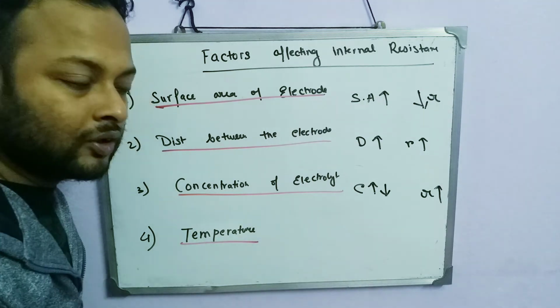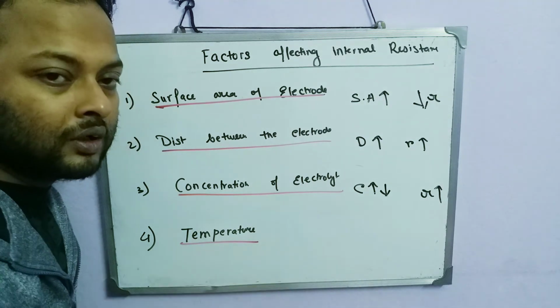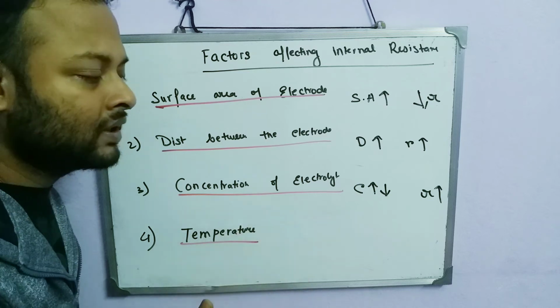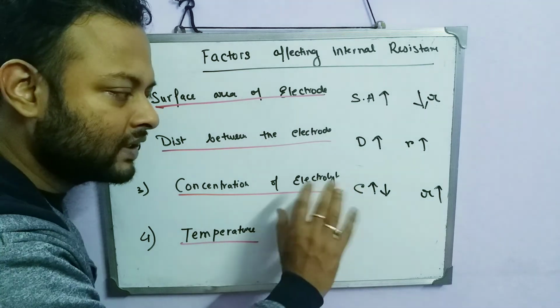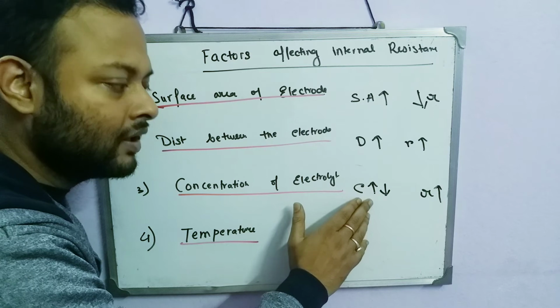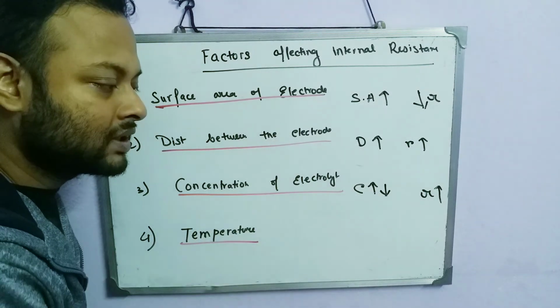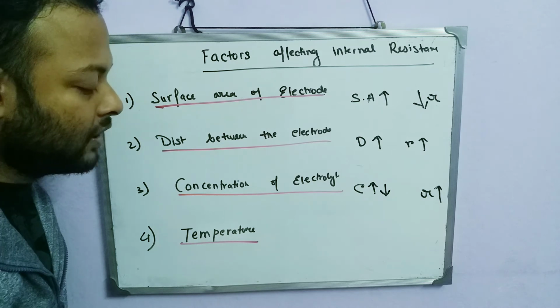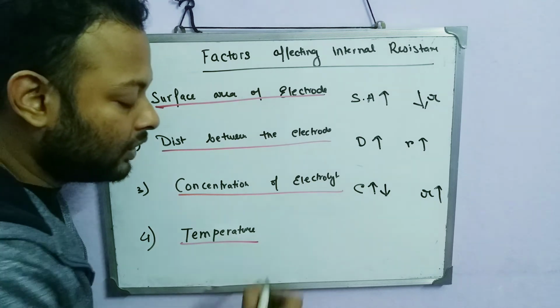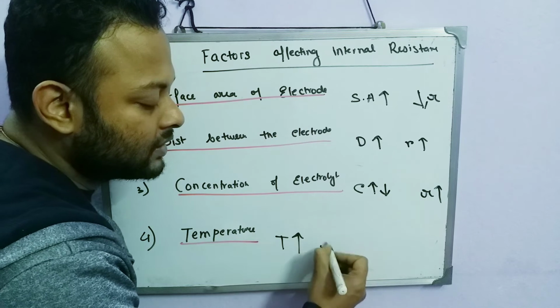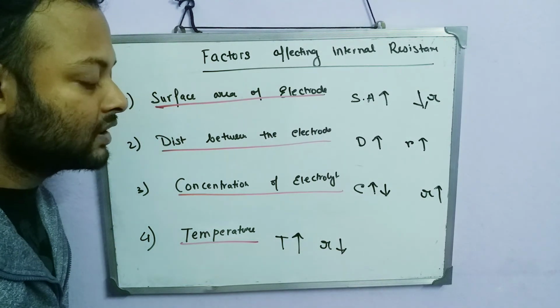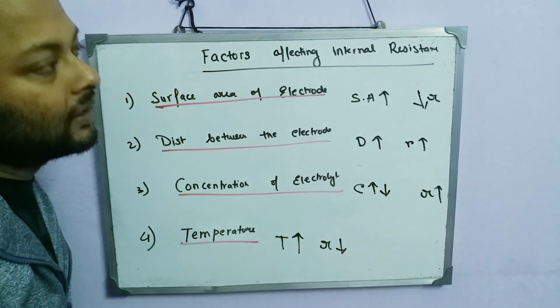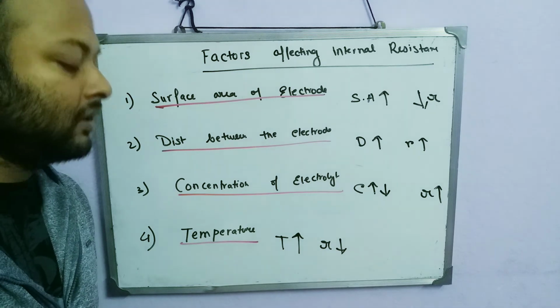The reason why, you will know in higher classes, but as of now just know this part. For class 10, even if the concentration increases or decreases, in both situations resistance will increase. And the temperature: if temperature increases, resistance will decrease, internal resistance will decrease. So these are the factors which affect the internal resistance.